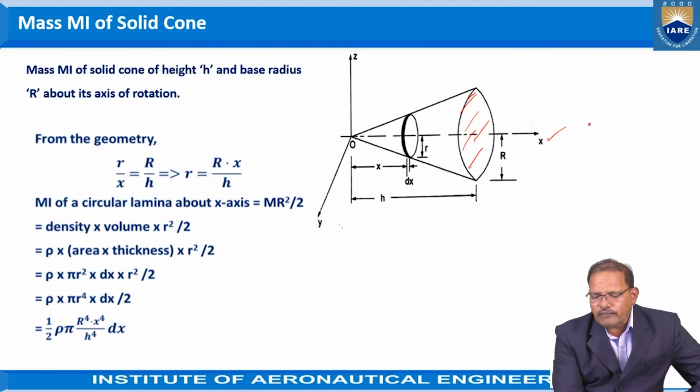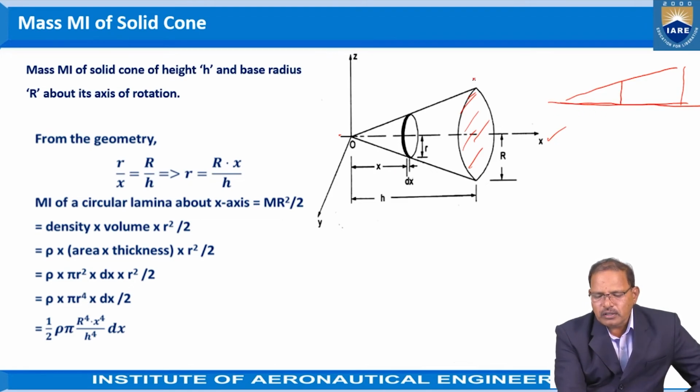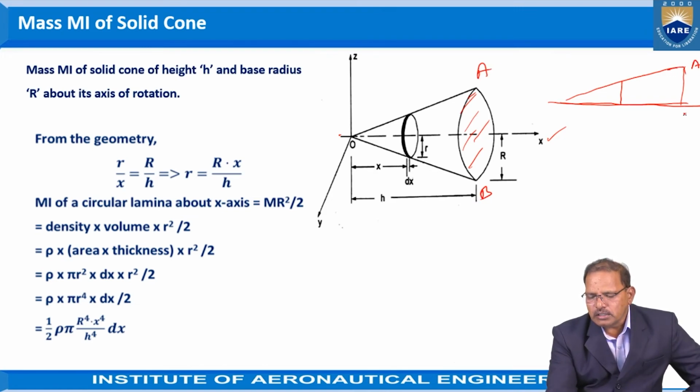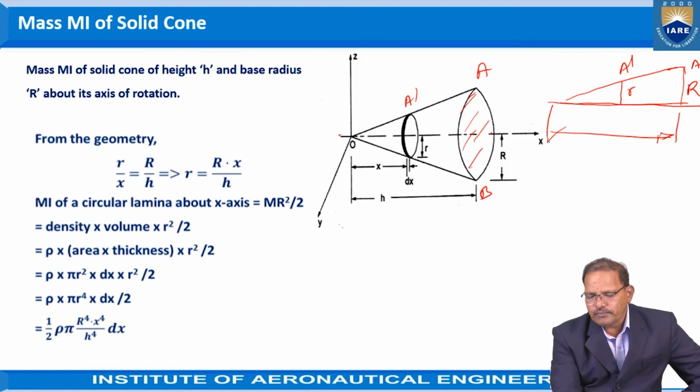Now, taking the reference axis, according to this figure, O, A and B. Here I am taking A dash, with radius r, and the capital R is the base radius, and this distance along the axis we consider as x.